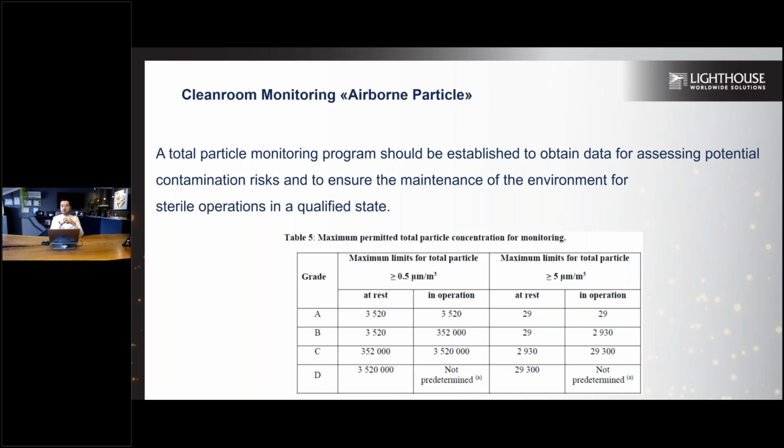So we will be able to monitor 0.5 and 5 micron with an online monitoring system, and we will have the same monitoring system in grade B. The number can be decreased. For example, while we have 4 or 5 particle counters within the filling line, you can have 1 or 2 particle counters within the room. This can be changed, but grade B should also be monitored.